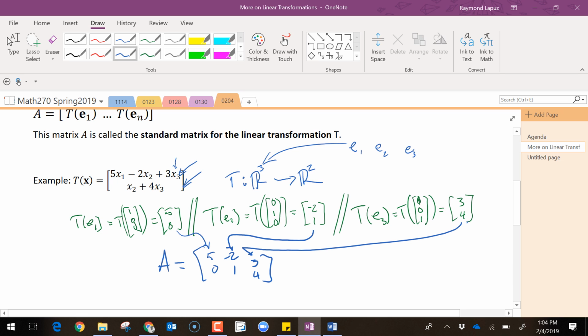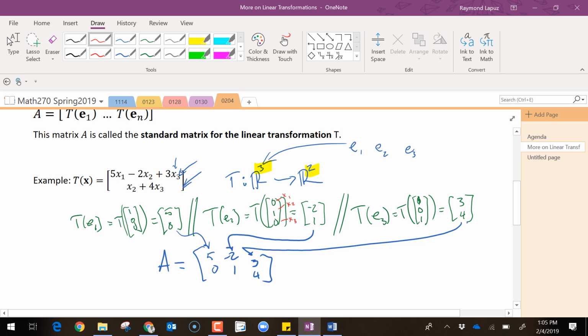We figure it out by looking at the dimensions of the domain and codomain, and then we just say it backwards. Yes? So this tells me that I'm going to put in 0 for x1, 1 for x2, and 0 for x3 into this output.